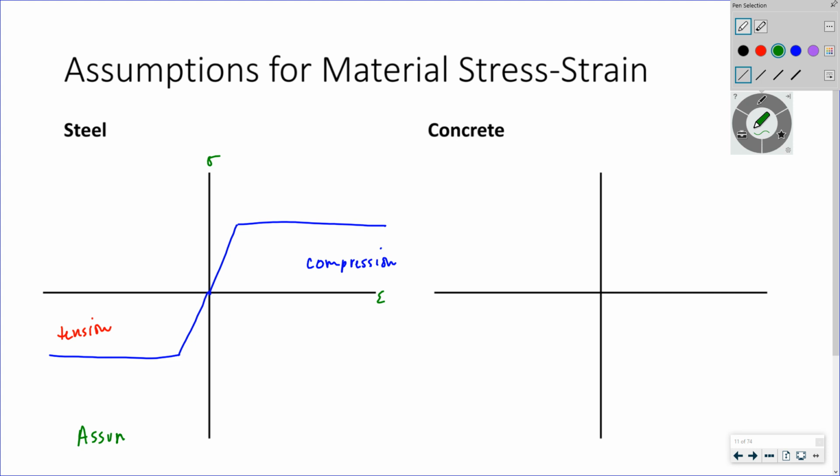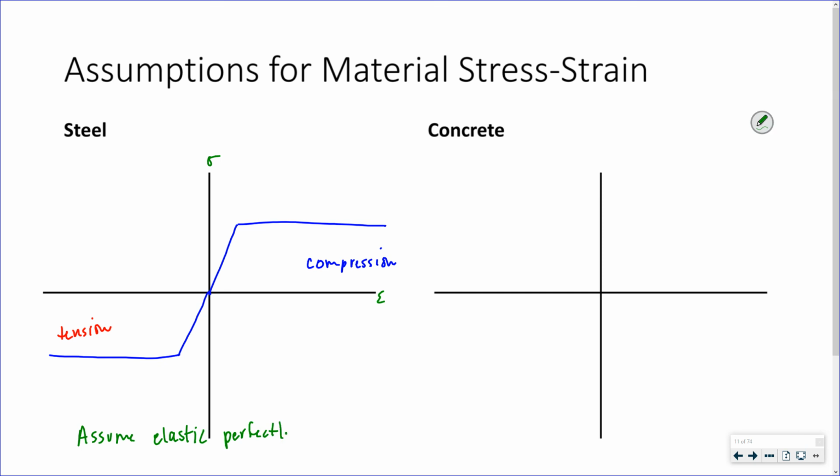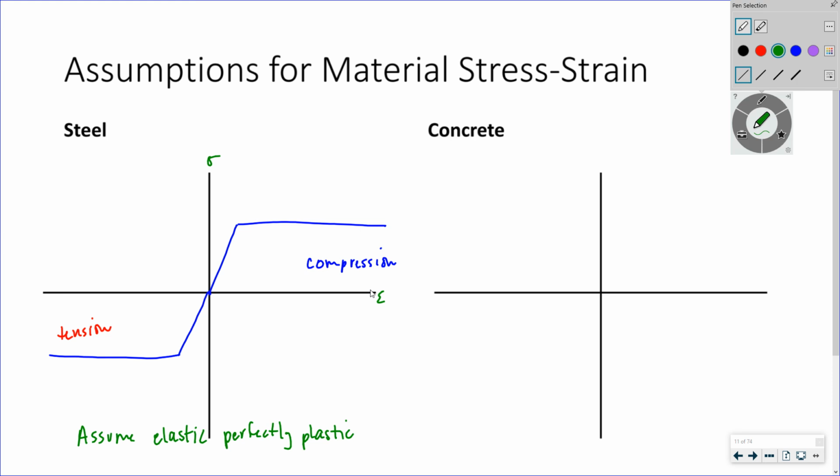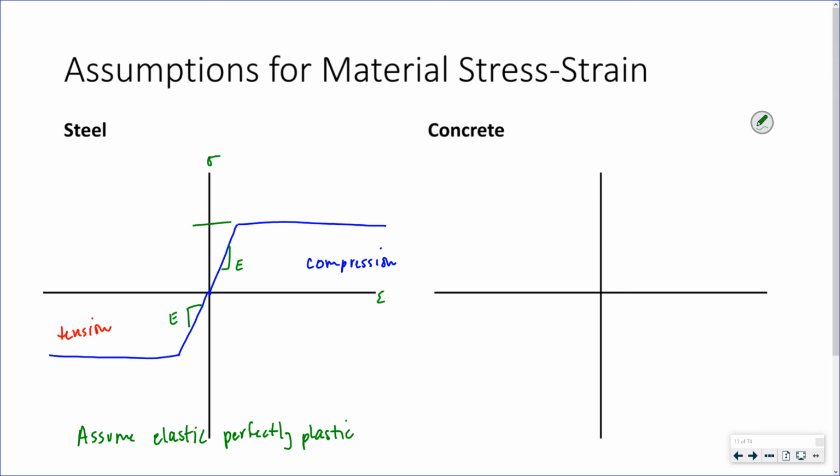We're going to assume it's elastic, perfectly plastic, which means it's elastic until it hits its yield point, right? It has this E. Same thing, negative. That's its elastic modulus until it hits this yield stress corresponding to a yield strain.